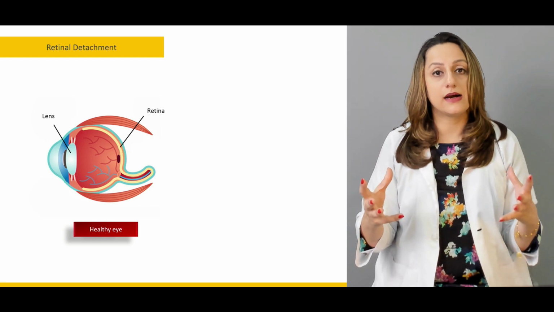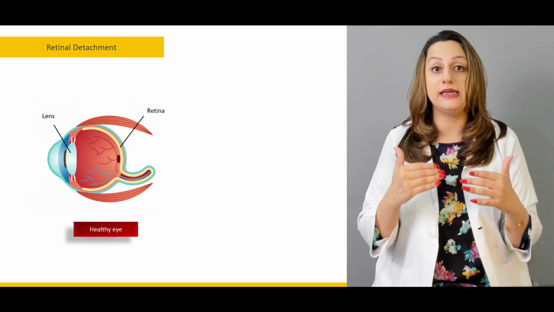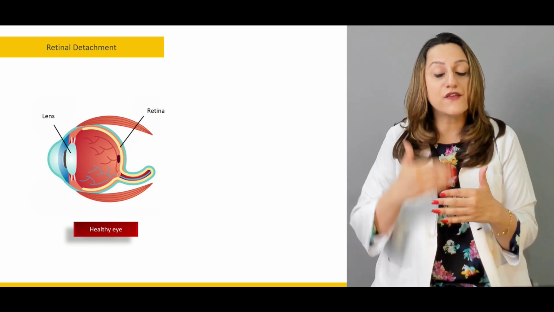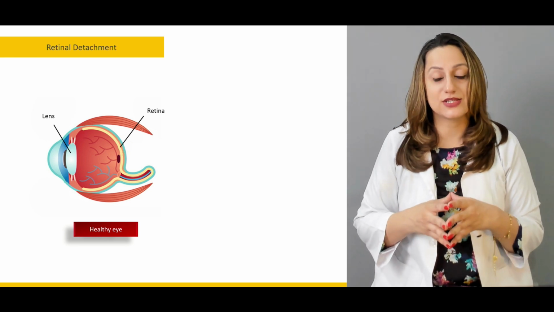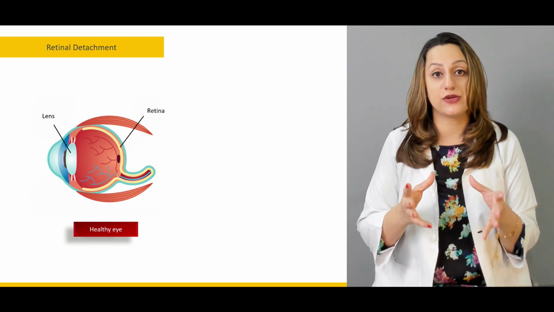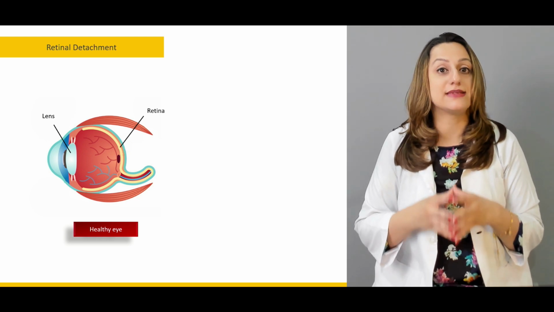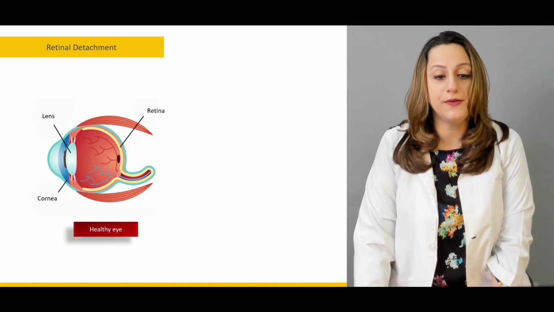Then we can recall that there is an equator of the retina that lies half the way between the retina and the ora serrata. So these are some of the terminologies that we would be using regarding this condition, which is known as retinal detachment. That is why I'm highlighting these over here.